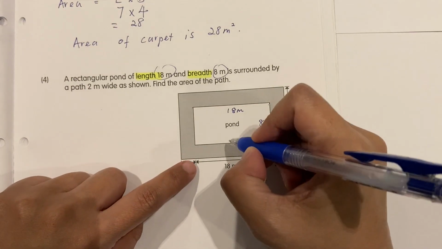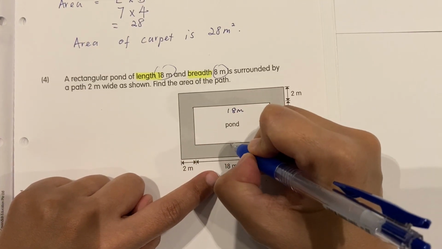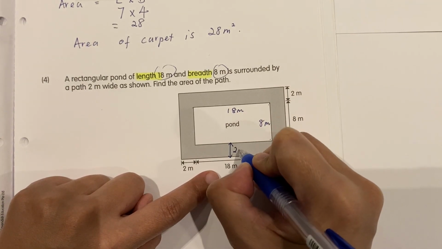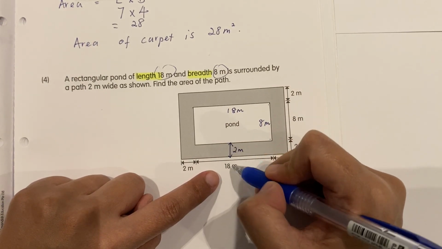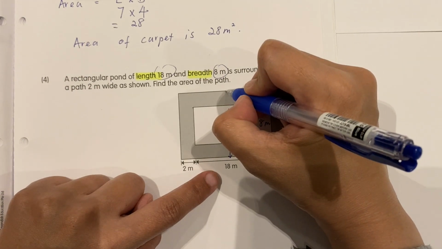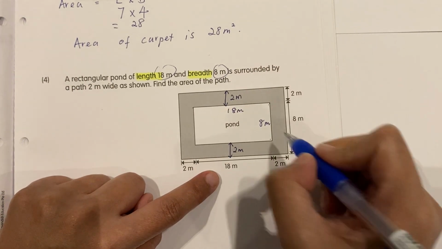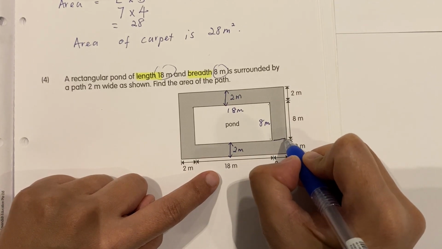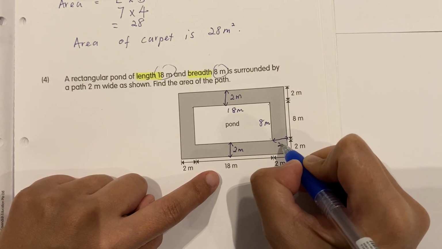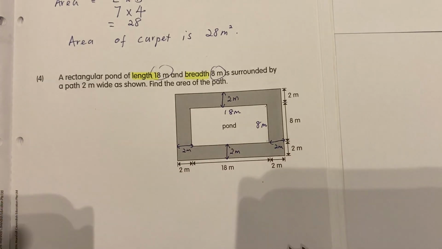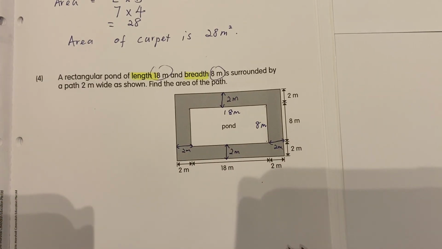So which means to say the pond and this path here is 2 meter, from here to here. So here also, because it's all around, 2 meter. And also on this side as well, 2 meter. This side as well, 2 meter. Okay?